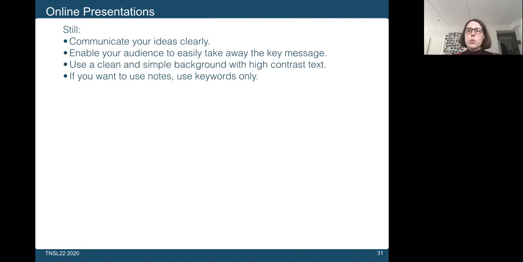Use only keywords, so the main points or the things that you think you might forget, or certain formulations that you are unsure about when you're talking in English. Use these kinds of keywords. And always have in the back of your mind that you might forget to talk about something, but that's actually not the end of the world, because most likely it's only you or your group members who know that you forgot about it. Everyone else is not as deep in the topic as you are.